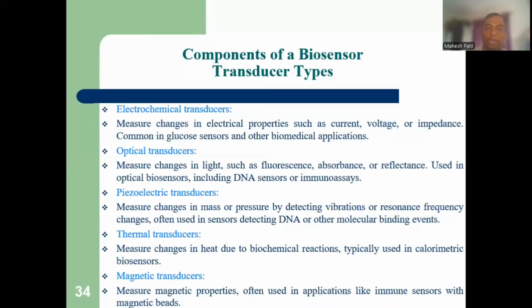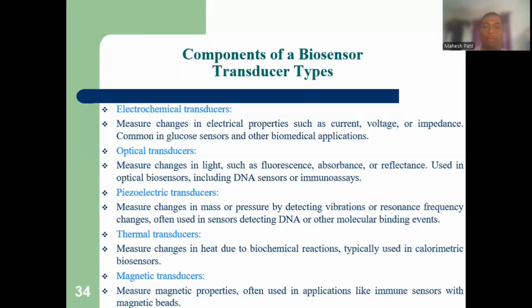We have piezoelectric transducers. This category measures changes in mass or pressure by detecting vibrations or resonance frequency changes. It is mostly used in sensors detecting DNA or other molecular binding events.